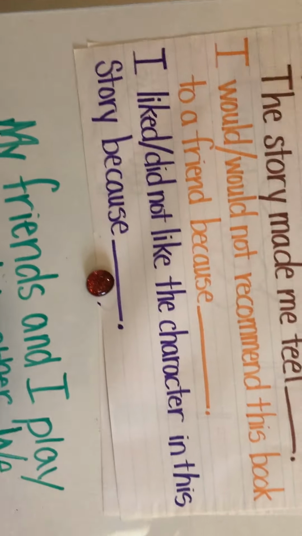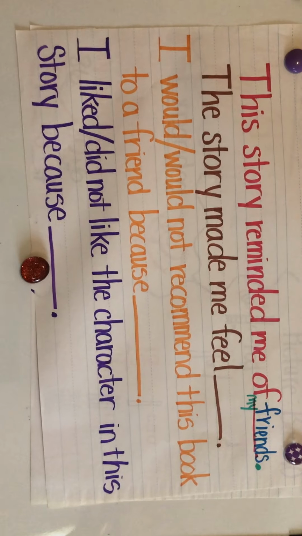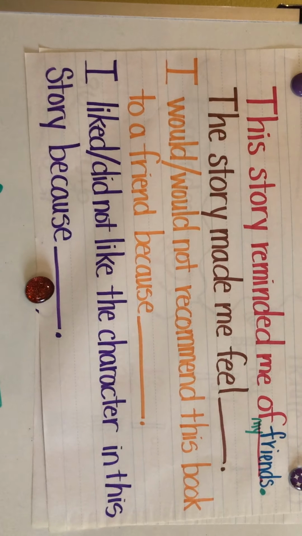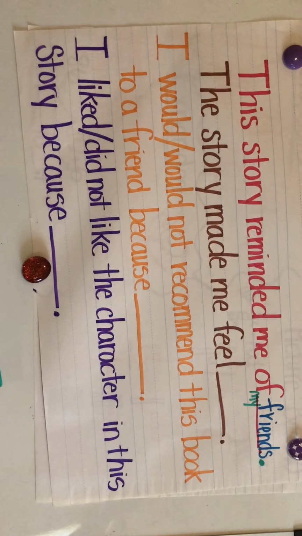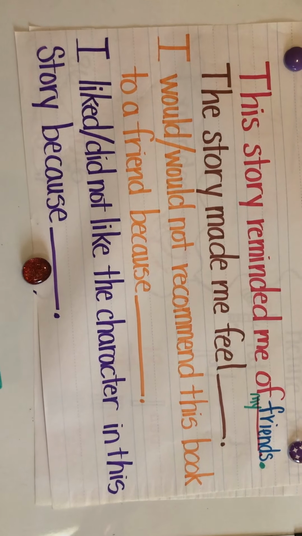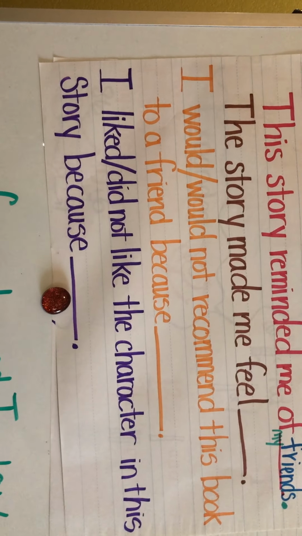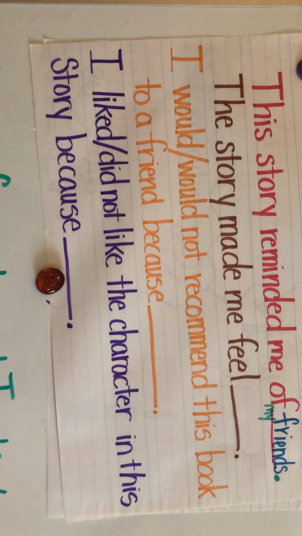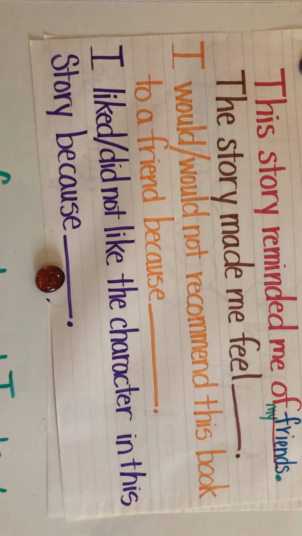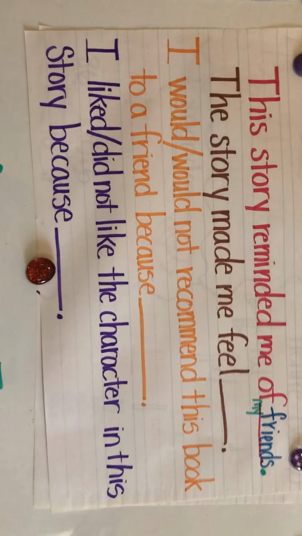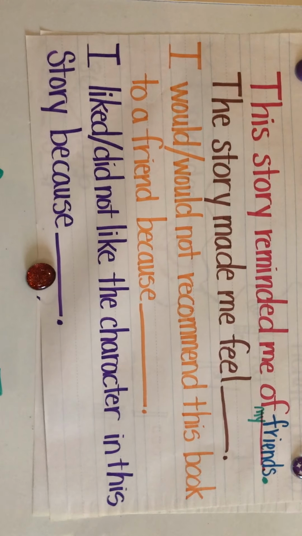All right. Now there are a lot of choices on here. I would suggest only picking at least 2, minimum 2. They do not have to fill out every single one of these for their homework or for their performance task.